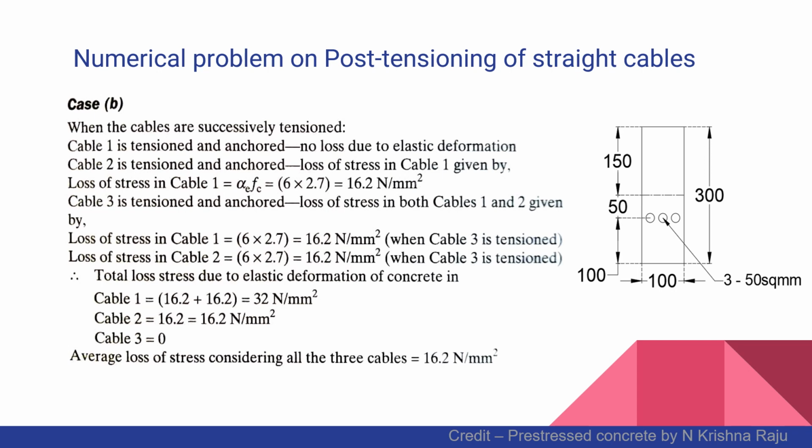The cable 2 experiences loss only one time during tensioning of third cable. The cable 3 does not experience any loss. So the average loss of stress considering all three cables will be summation of the losses in all three cables all divided by number of cables.